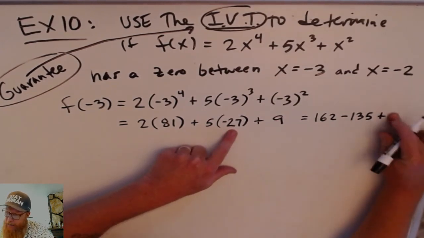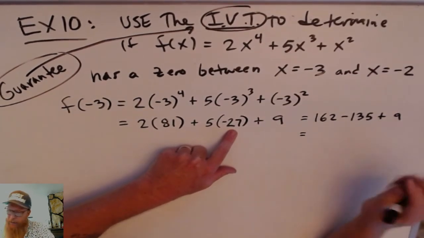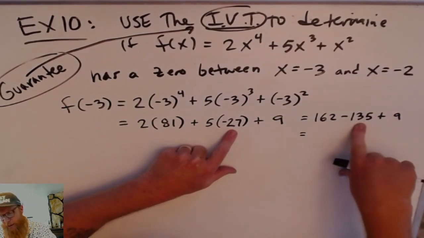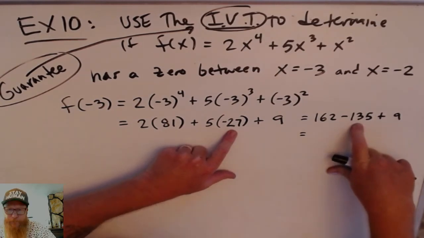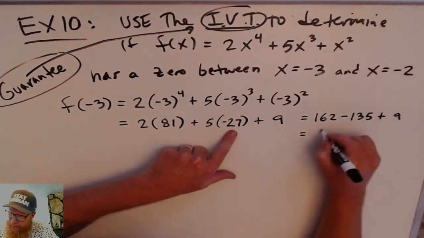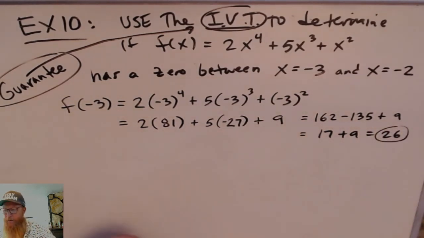Plus 9. Oh, my brain is tired. 162 minus 135. I don't know where my calculator is. 5, 17, and then plus 9 is 26. I sure hope I got that right.